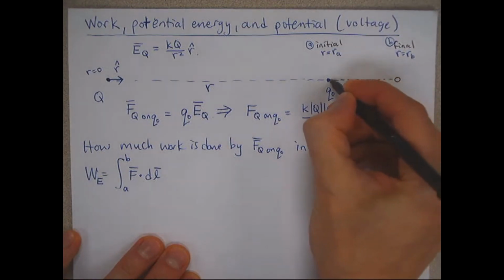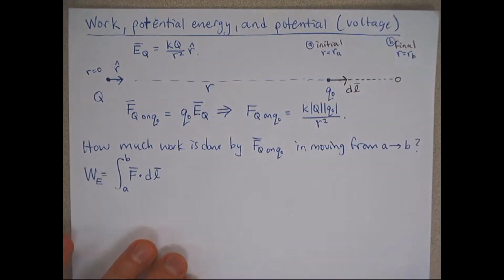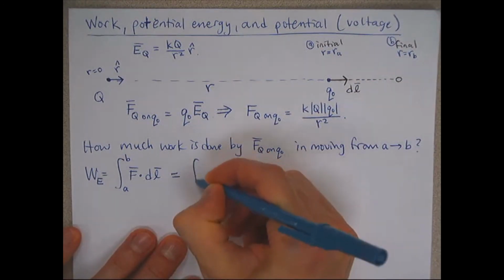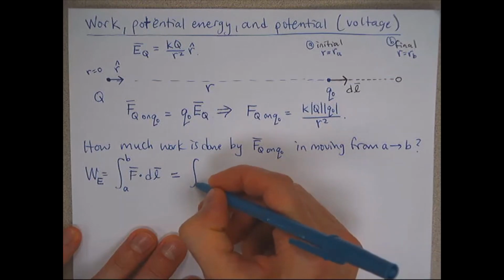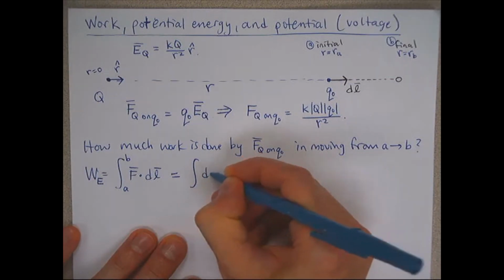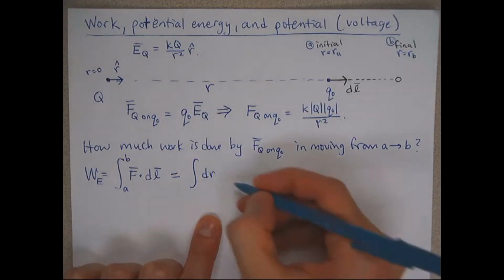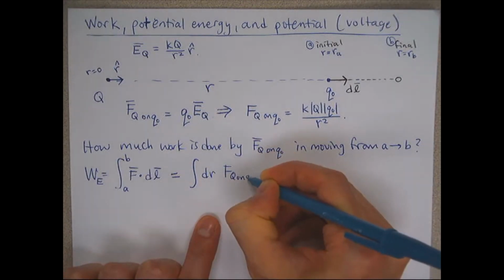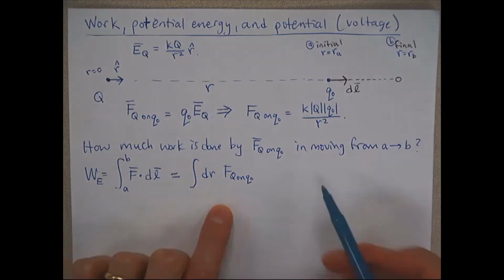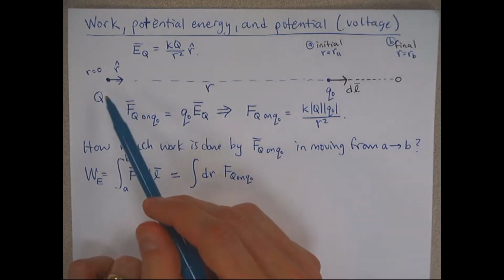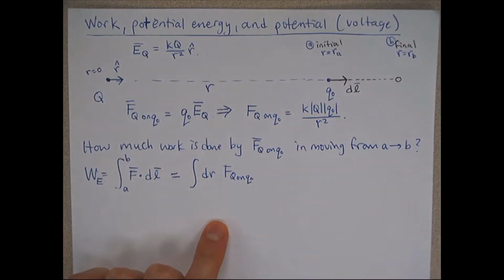On this trip, dl is this vector here, and we have to admit at this point, if we write it in the r variable, that there's a little ambiguity. We haven't stated the sign of the source charge.